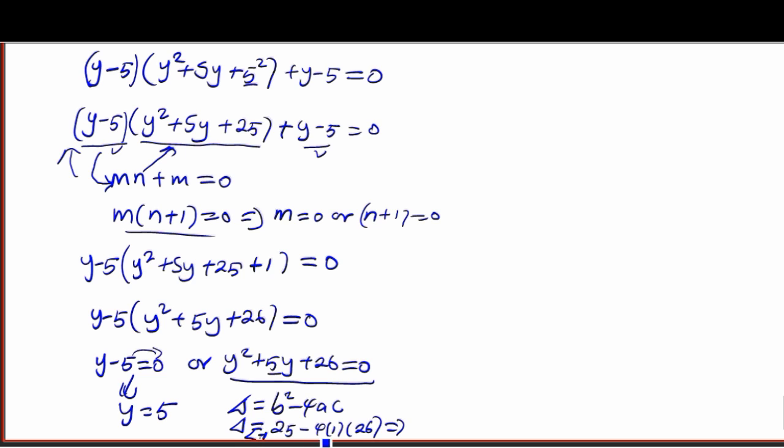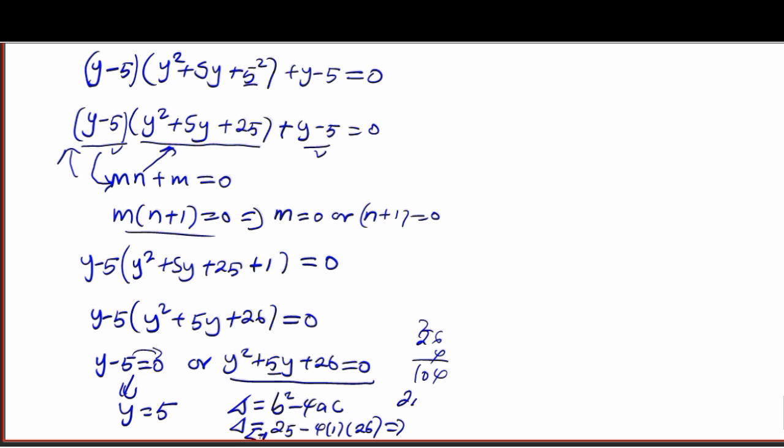So delta is less than 1, because if you have 4 times 26, this is approximately equal to 100 and something. If you take 26 times 4, this one is 24, this one is 8, and that is 104.